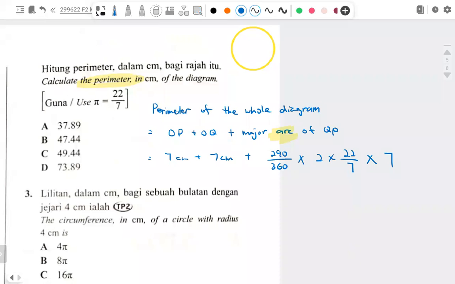Okay, yep. So answer is C. Just key in directly only. Whatever you see there, 7 plus 7 plus 290 over 360 times 2 times 22 over 7 times 7. Okay. Joe, are you okay? Can follow or not?